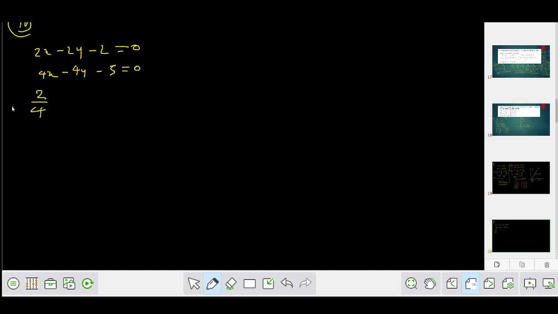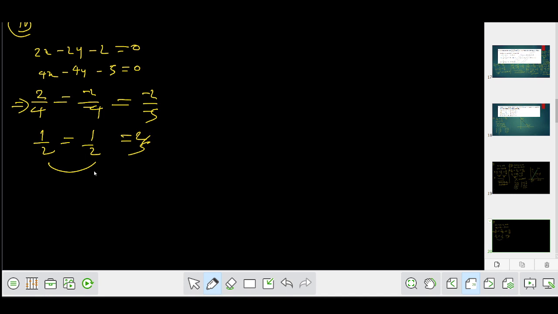The ratios are 2 by 4, minus 2 by minus 4, and minus 2 by minus 5. That is 1 by 2, 1 by 2, and 2 by 5. These are the same, but not equal to the third. So these are parallel lines, inconsistent. So we cannot find the solution.